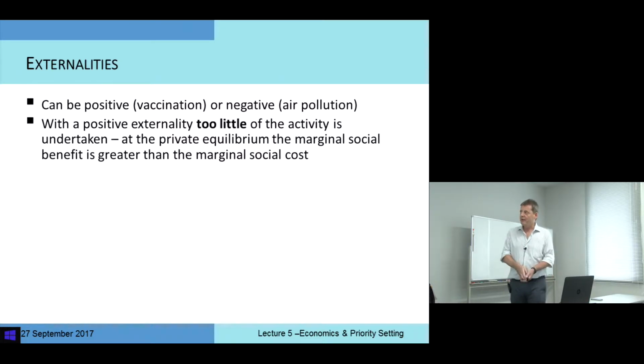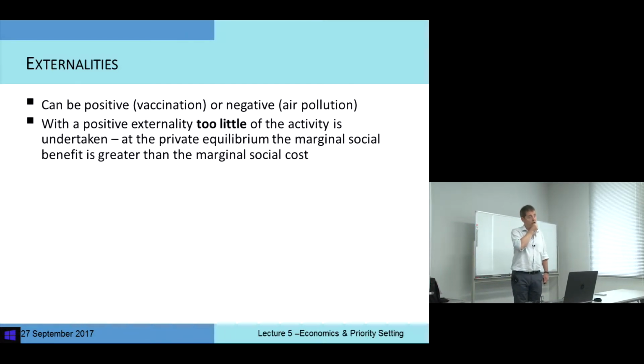With a positive externality, too little of the activity is undertaken. There's not enough of it. At the private equilibrium, if we just leave it to the market, to individual decisions of consumers and producers, the marginal social benefit is greater than the marginal social cost.